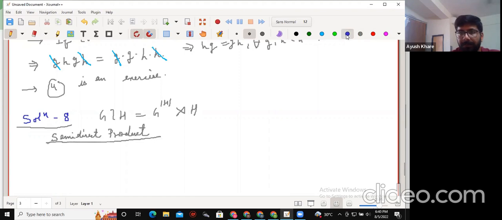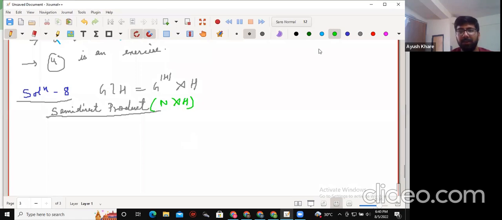We will be looking at the semi-direct product with H. Okay, this notation I am using here: our N is just G raised to order of H. In general, it's denoted as N semi-direct product H. So it's just a notation. Don't worry much about it. So what you need, first of all, is that N and H are groups.